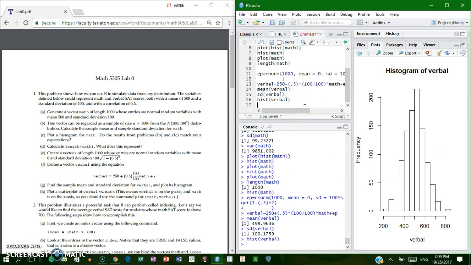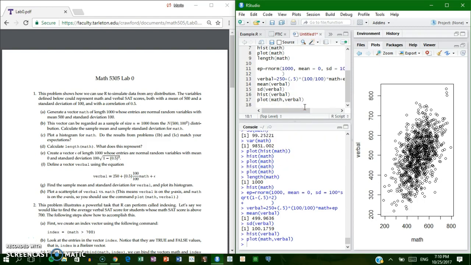Now it says to plot a scatter plot of verbal versus math, meaning verbal is on the y-axis and math is on the x-axis. So we're going to use the command as it's written in the paper, plot math, comma, verbal, and then we have the scatter plot of math and verbal.